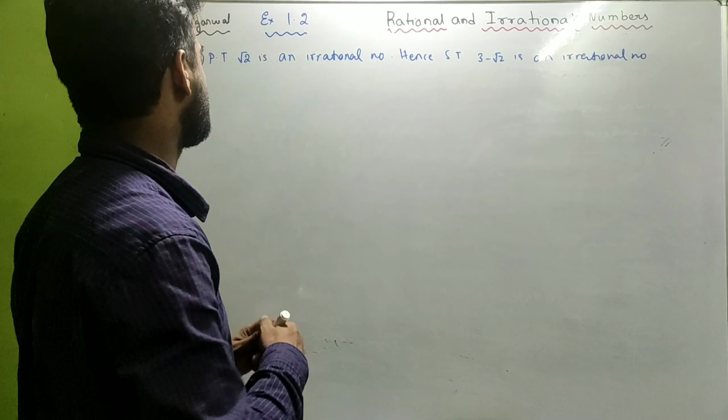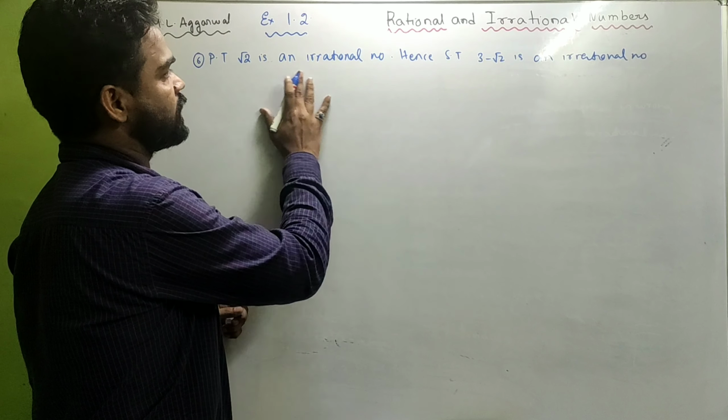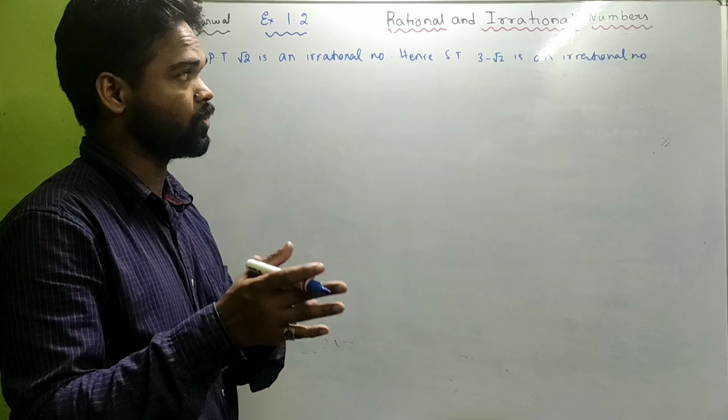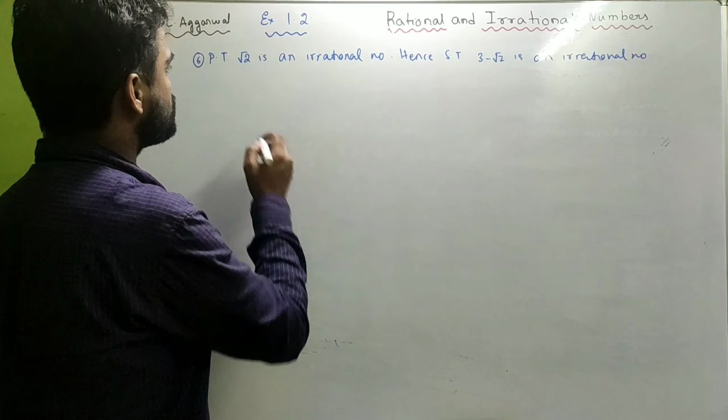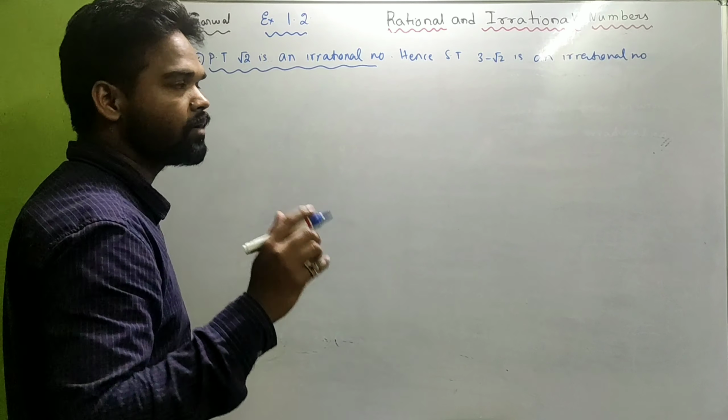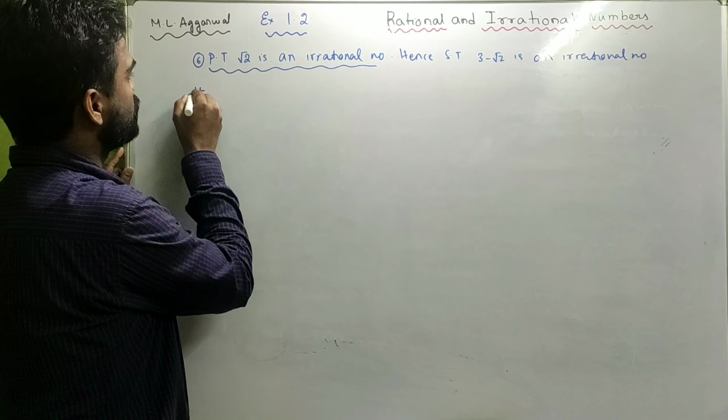Now look at sum number 6, which says prove that root 2 is an irrational number, hence show that 3 minus root 2 is an irrational number. First of all, we'll prove root 2 is an irrational number by contradiction method. We know how to do.